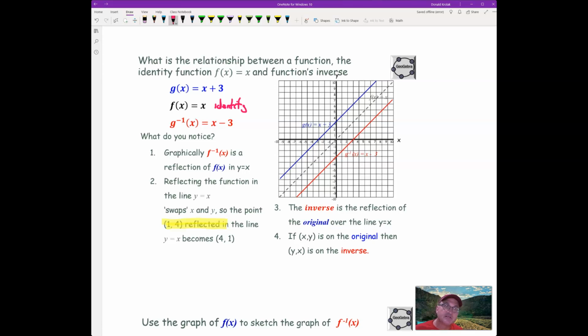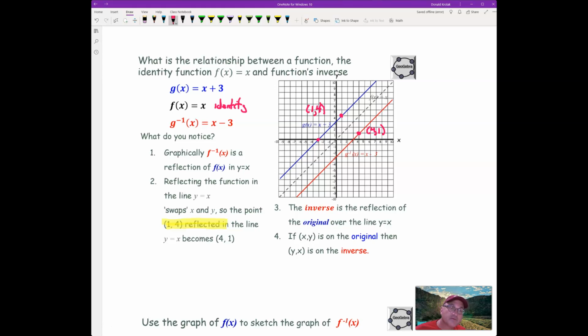All that means is if you took a point on the blue graph, let's say I took this point right here, which is (1, 4). Well, when I reflect that in the line y equals x, all I do is take it and switch the x and y coordinates. So the point (4, 1) is on the graph of the inverse. And then I usually check another one.